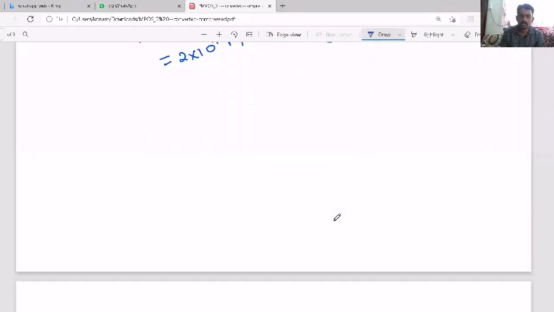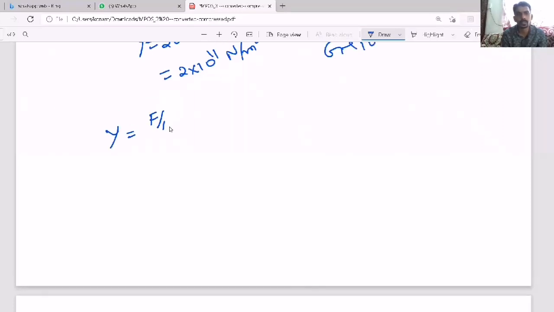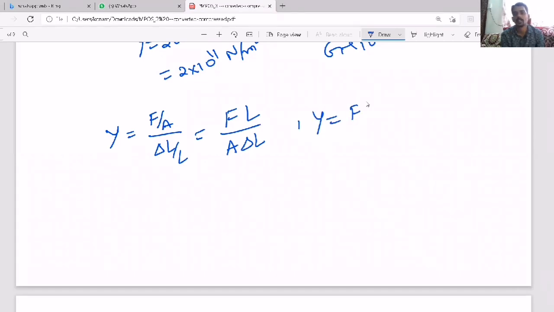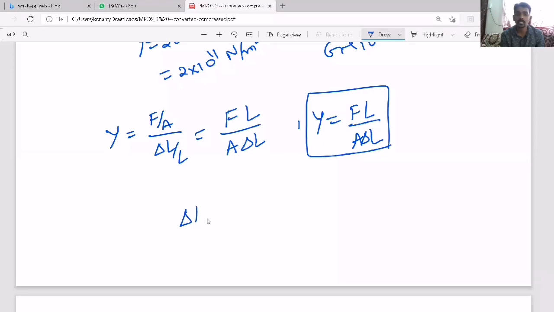Now let's write the formula. Y equals F by A, the longitudinal stress, divided by delta L by L, which equals FL by A delta L. Because L will go up and A will come down. So this is the formula for Young's modulus, FL by A delta L. Or else if they ask for the extension, then take delta L to the left side and bring Y to the right side, so it will become the denominator.